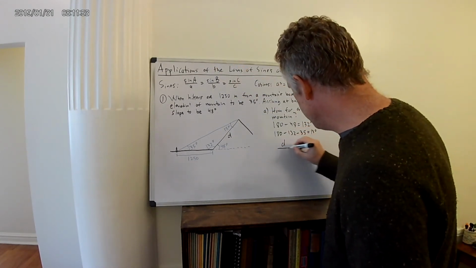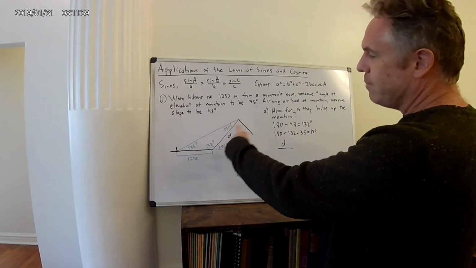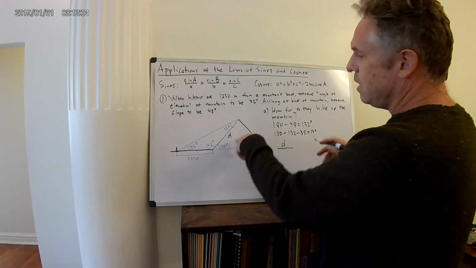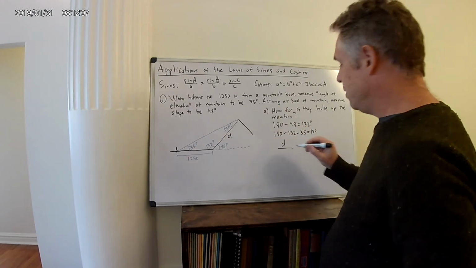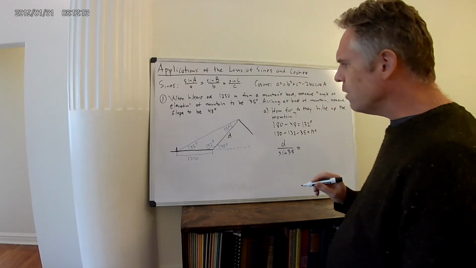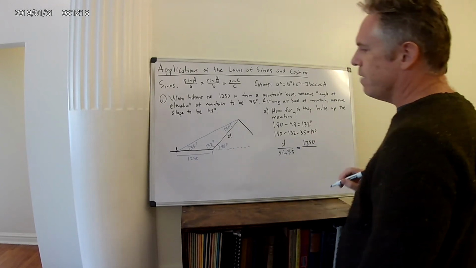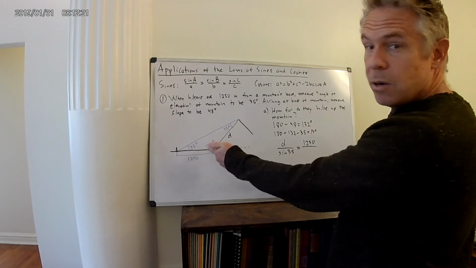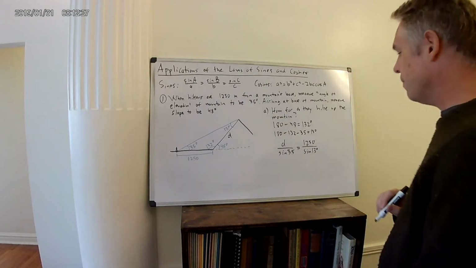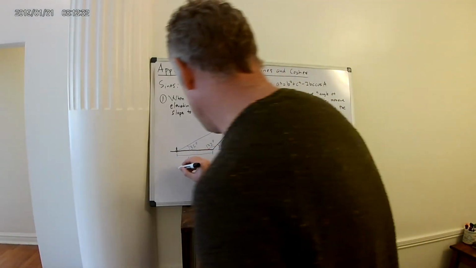That says D divided by the sine of the angle that's opposite to D, which is sine of 35 degrees, is equal to this side length, 1250, divided by the sine of the angle that's opposite to 1250, which is 13 degrees. And if I now solve this for D, I get D.